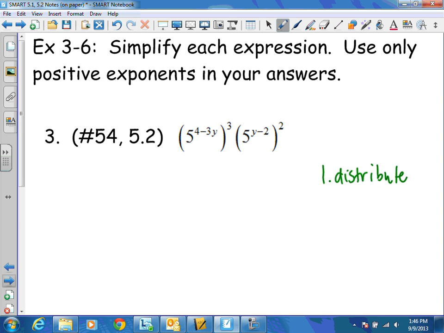Yes. Distribute only exponents. You take the 3 to the negative 3.